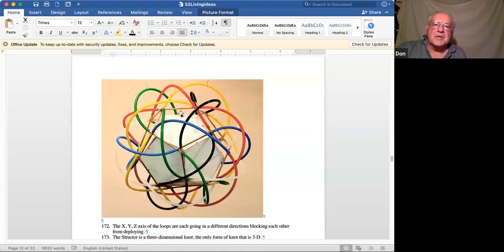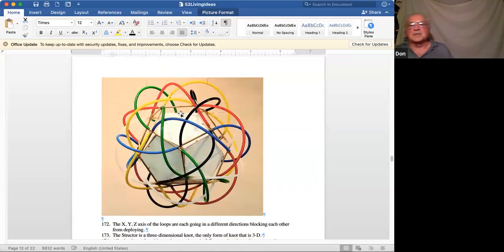And the dodecahedron is the dual of the icosahedron, but here the same number of six loops differ because it takes two revolutions of the loop to complete itself. Here's the blue one going around, and it comes around again as blue before it hooks back up into the first one.